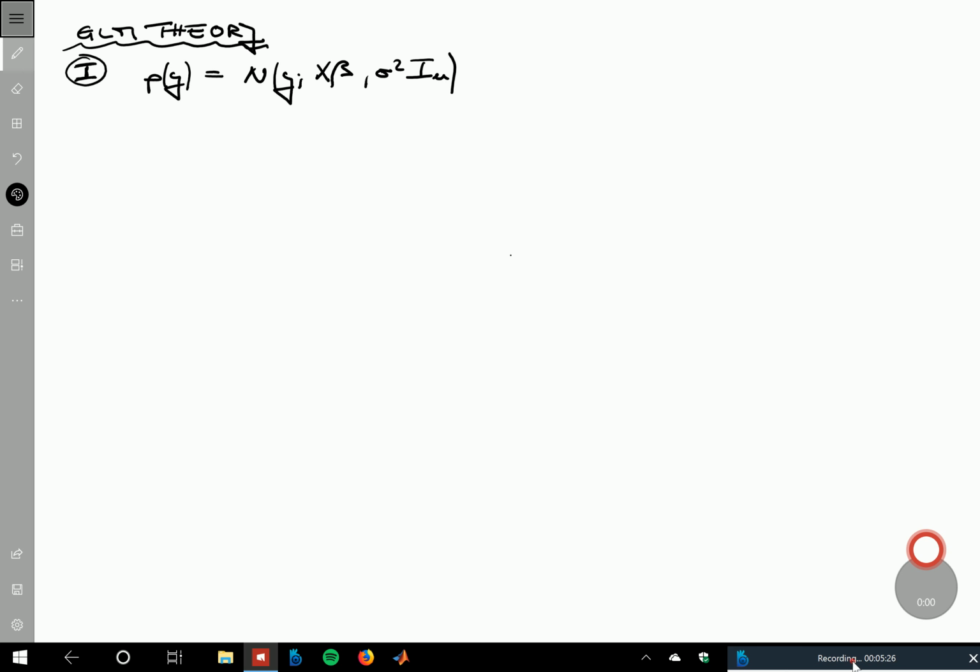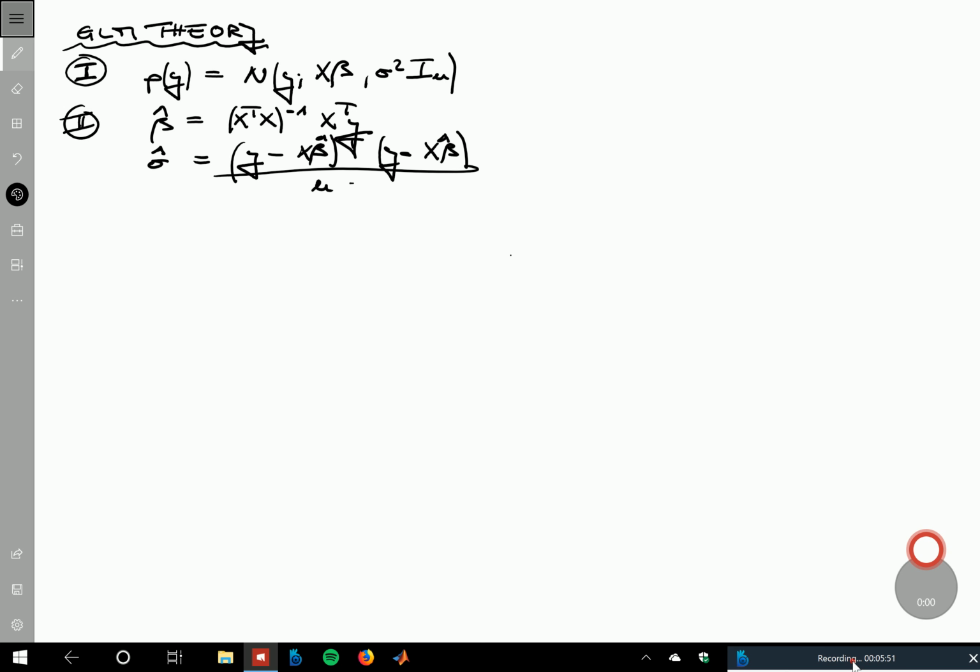And the second thing that we need to talk about are those two here. And they can actually be related to what we discussed last time as model formulation. So that's the first equation, that's model formulation. This is parameter or model estimation.